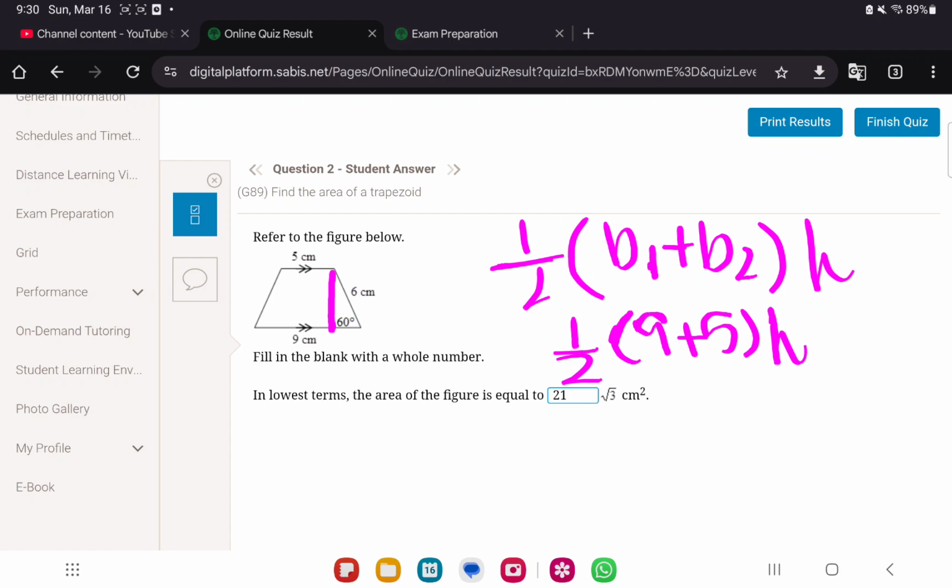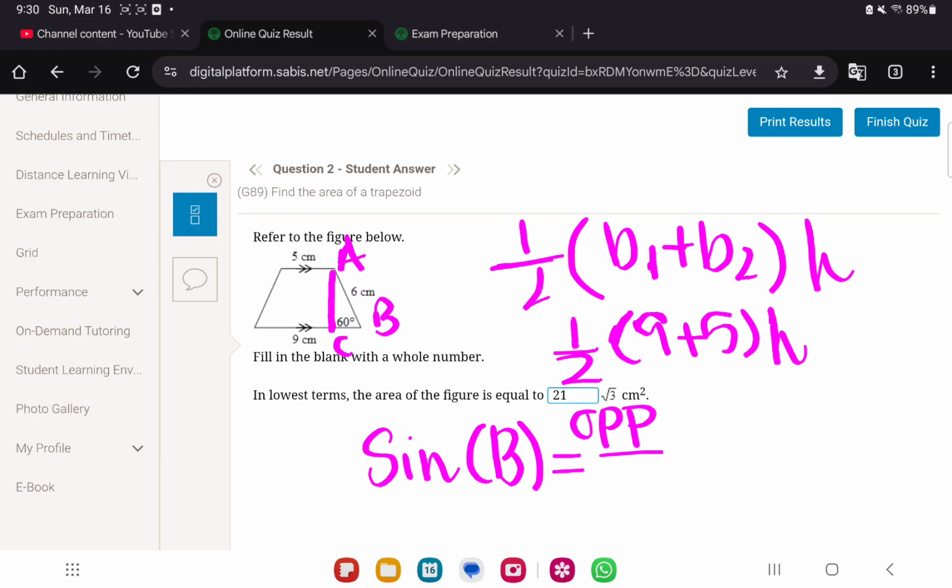We know that this, we can find using sine of the angle, because when we want to find an angle, for example, let's call this triangle A, B, C. When we want to find angle B, we use the sine rule. The sine rule is opposite over adjacent, okay?